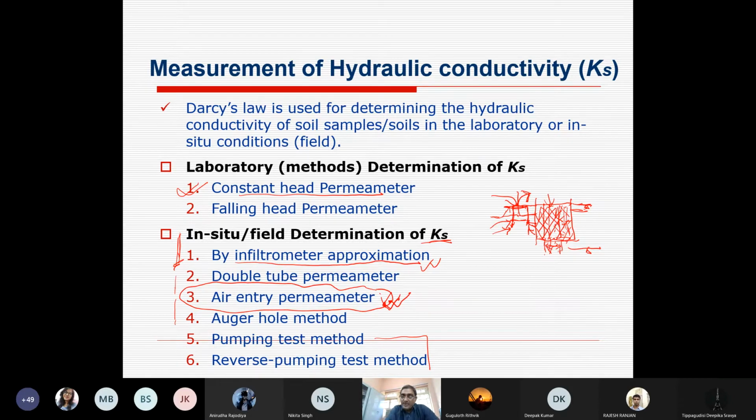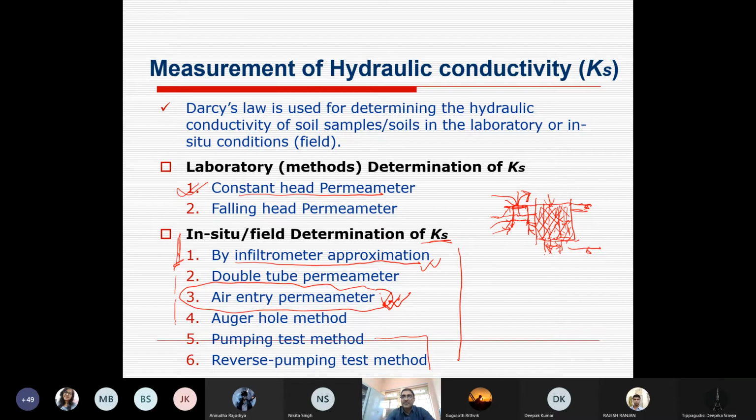So these are the methods. Now the third lab experiment, or the second experiment on hydraulic conductivity today, is the air entry permeameter. However, in all these methods one thing is common, that is Darcy's law. Everywhere Darcy's law is used to find out the hydraulic conductivity characteristics of soil at saturation.